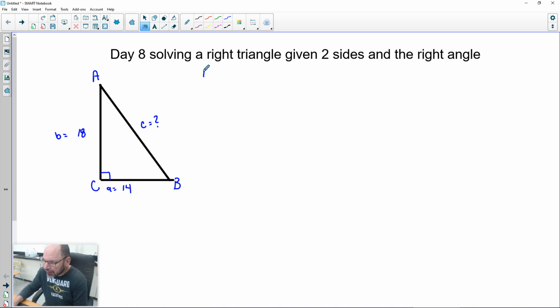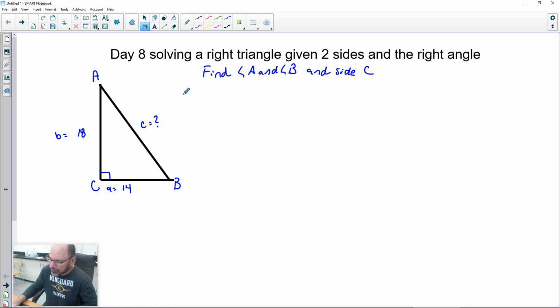So it's going to be find angle A and B and side C. Okay, so we have to decide which angle we want to work with, either A or B.